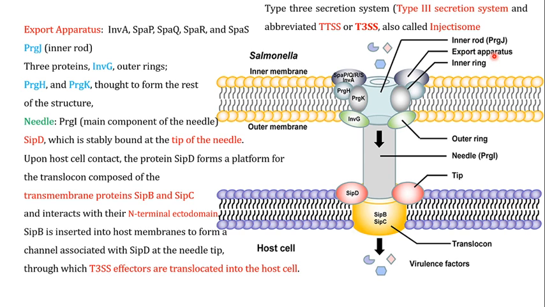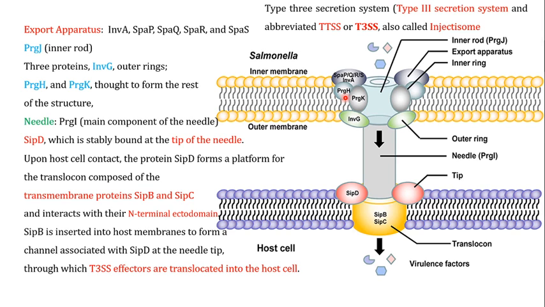And this export apparatus is made up of a variety of proteins, one of the important proteins is InvA, the other one is SpaP, the next one is SpaQ, SpaR, and SpaS. So these 5 proteins are going to make this export apparatus. Now, there are other important proteins, as you can see over here.